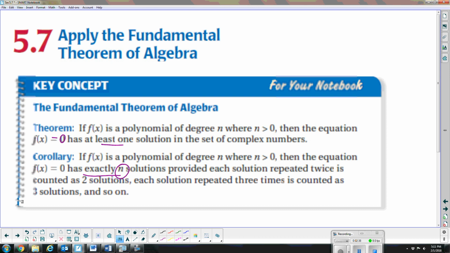So the other one was at least one solution, but this talks about exactly how many solutions they have, provided that each solution repeated twice is counted as 2 solutions. So any repeated solution, like in our last example, x minus 4 squared, 4 is a repeated solution. So we have to count it twice.